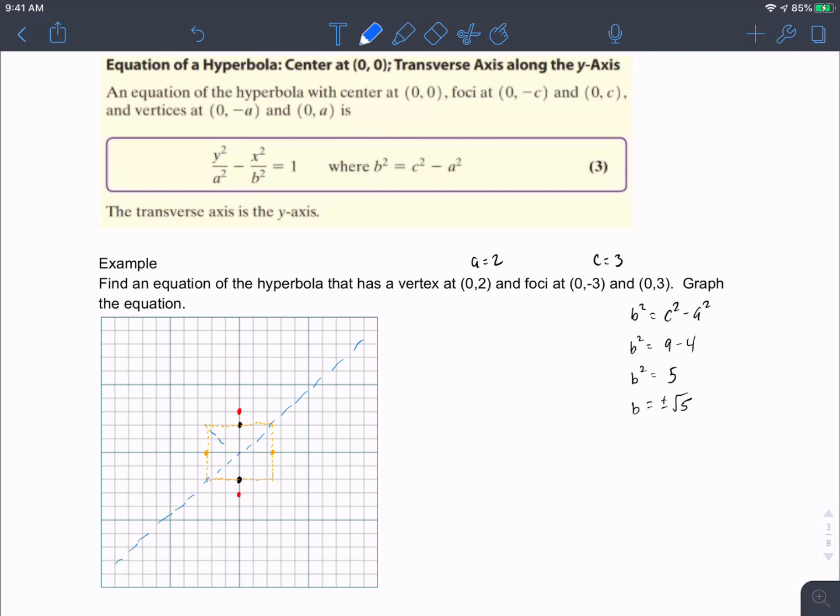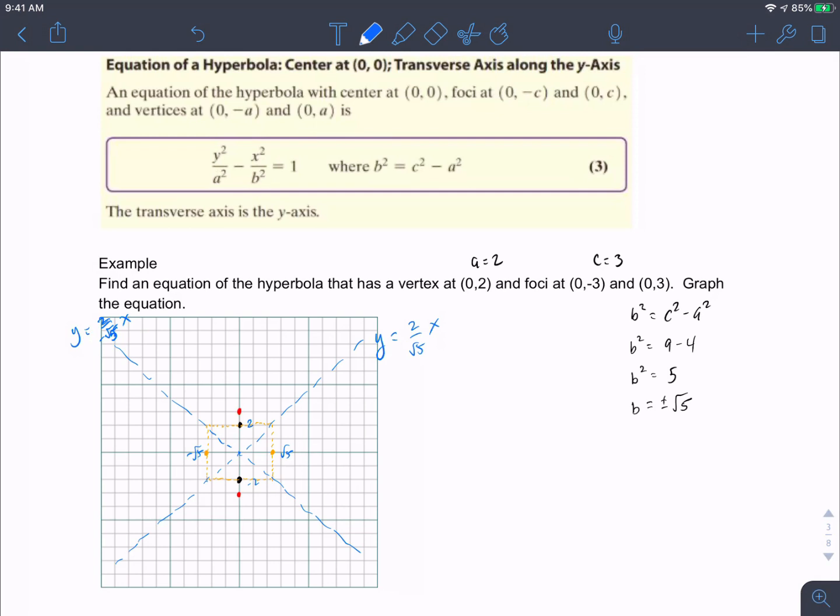And then corner to corner. And so remember, this was radical 5, this was negative radical 5, this is 2, and this is negative 2. And so this equation here is going to be y is equal to, it's rise over run, so 2 over radical 5 x. And this one's going to be y is equal to 2 over negative radical 5 x.